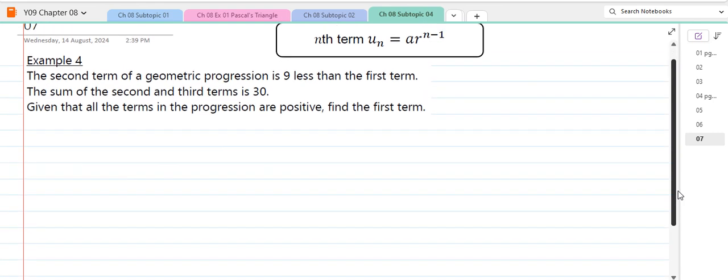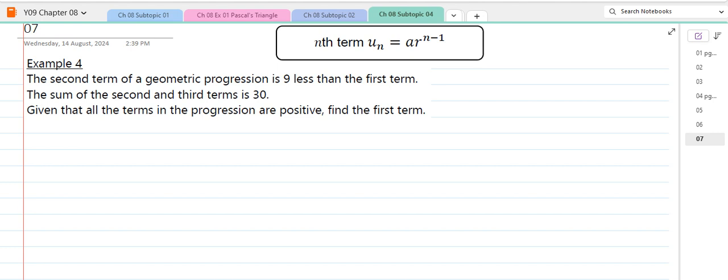So here you have a question, quite lengthy, but you have to read it carefully. The second term of a geometric progression, which is u2, is 9 less than the first term. The first term is u1, which is a. So 9 less than the first term means the first term subtracted by 9. Less than means reduce, and reduction means subtraction.